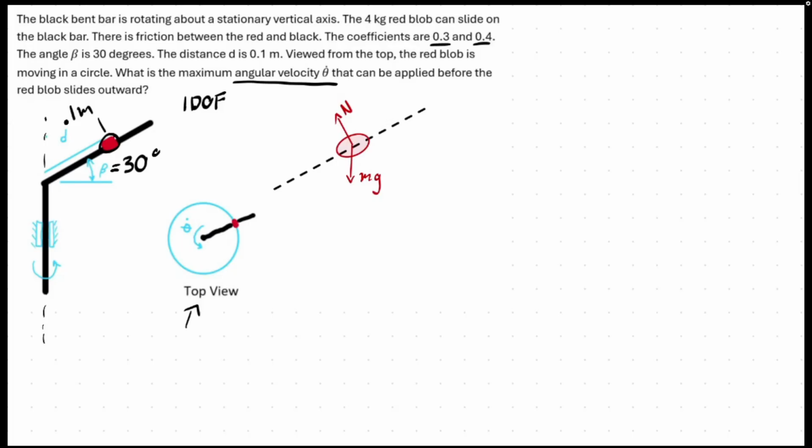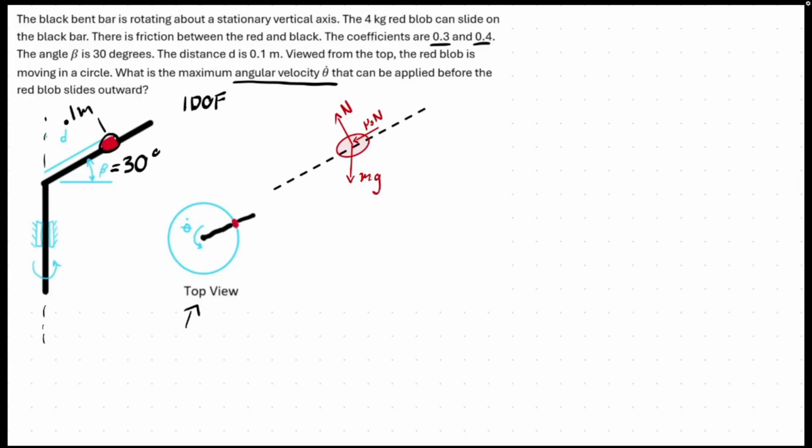So how we represent that is the friction is going to be pointing inwards towards this. So mu s N, because for now it's stuck in place, and we've got to figure out with what angular velocity we're going to be using to negate that frictional force.